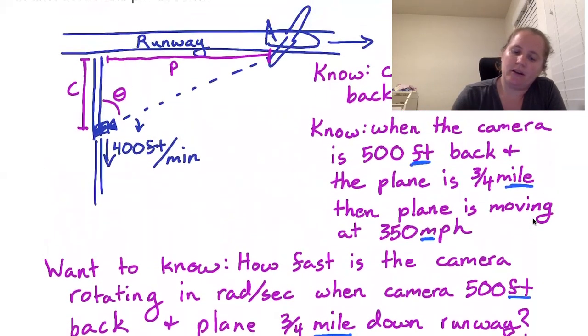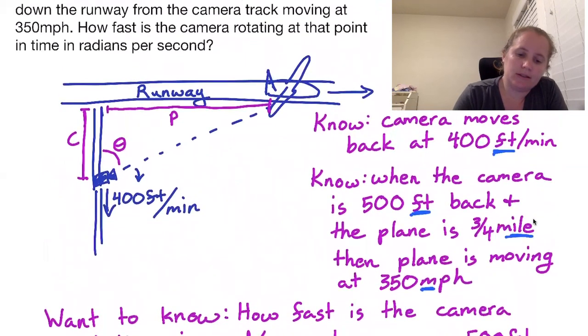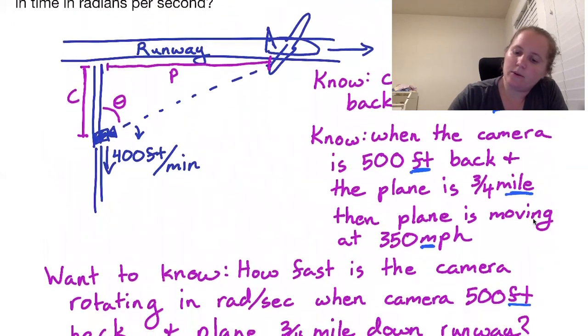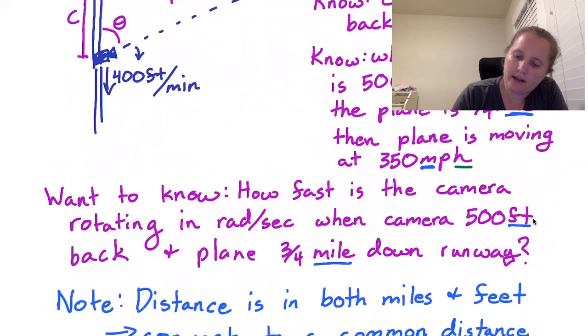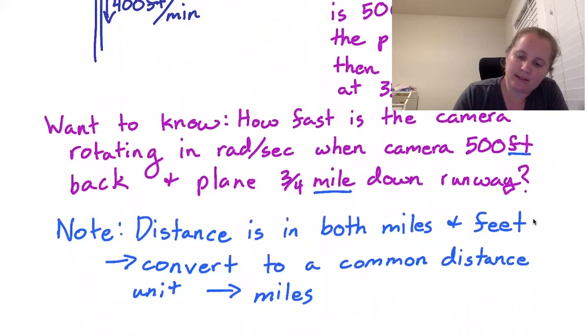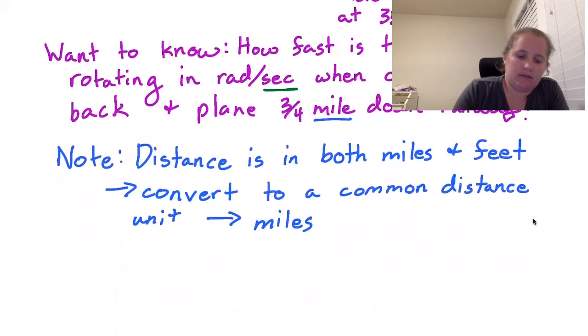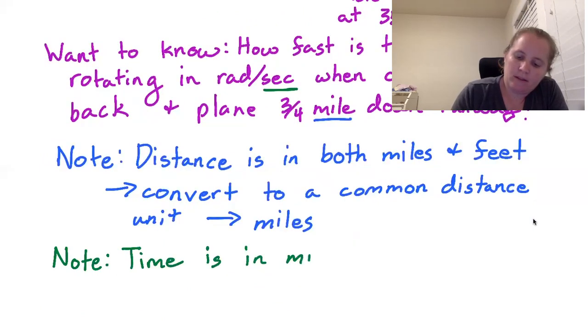Then if we look at our time units, we have per minute and per hour and per second. So note that our time is in minutes, hours, and seconds.